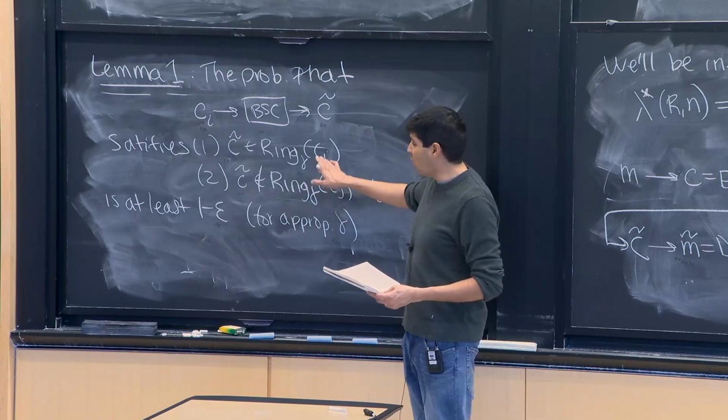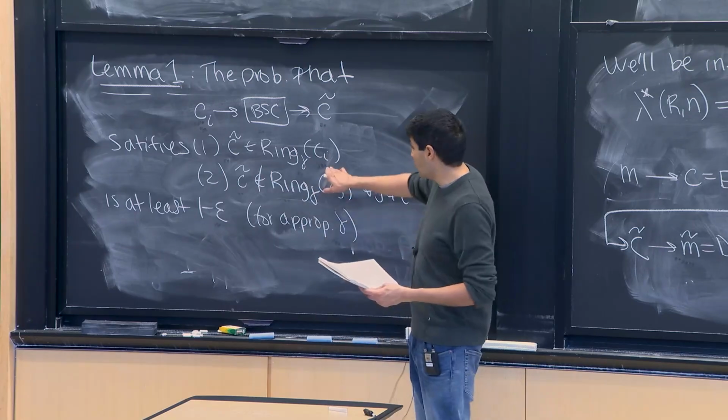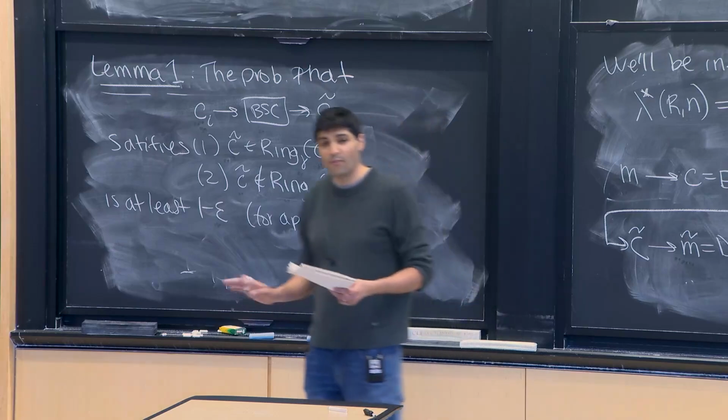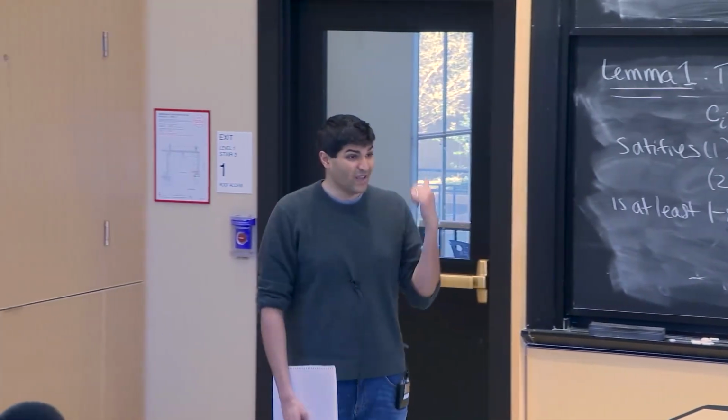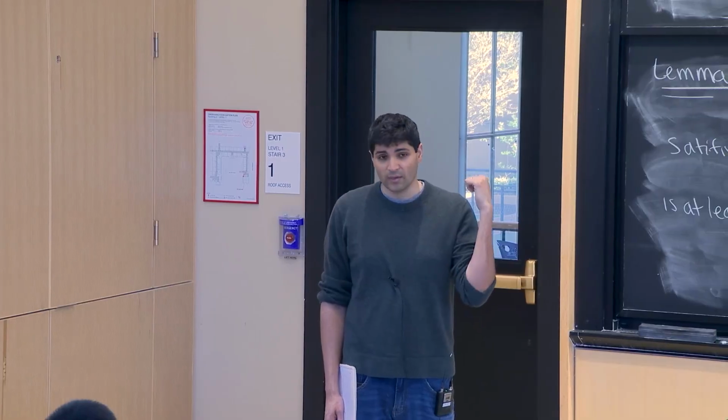And the point is that the only ring it will belong to is the actual message I started from, if both of these conditions hold. So that's the main point, is that if this event happens, I'm golden.